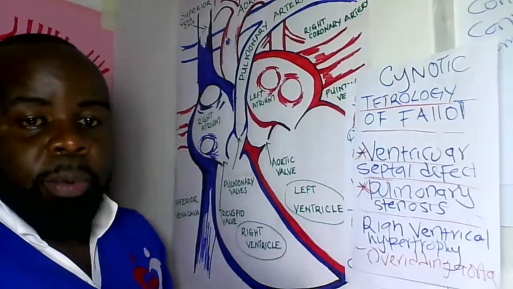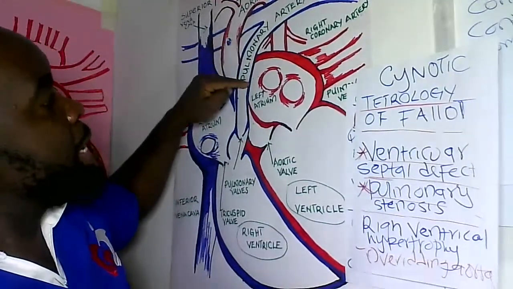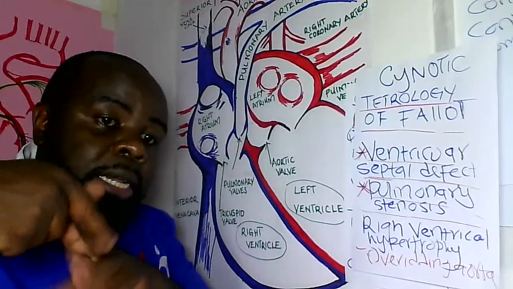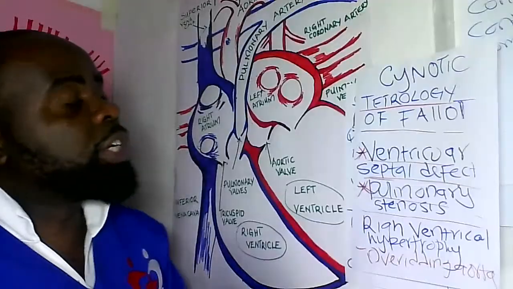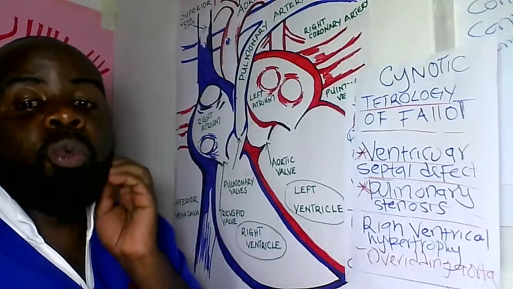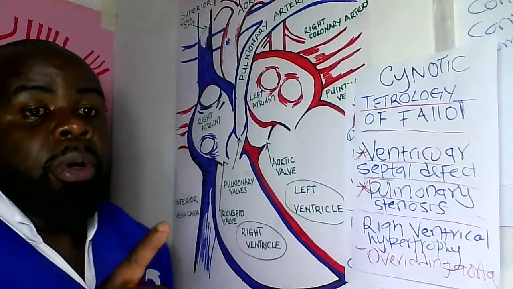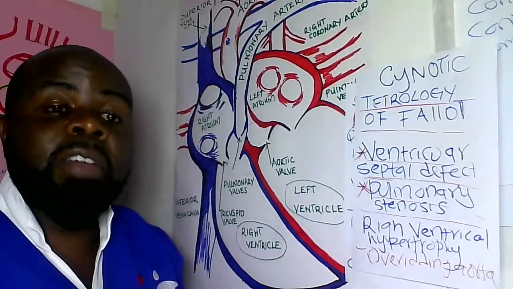Overriding aorta. What is overriding aorta? This aorta, instead of coming here, this one is here and this one is here, and then they are twisted. So tetralogy of Fallot is one main thing that makes people have deoxygenated blood. It is a very bad condition.